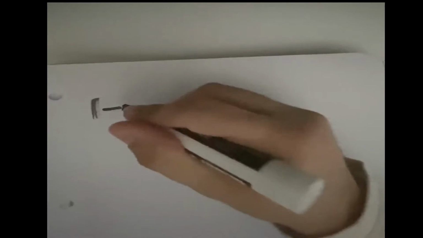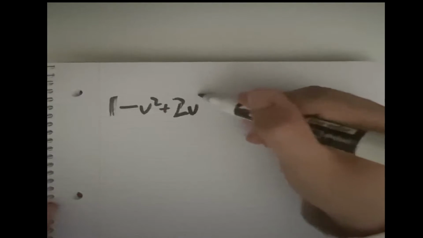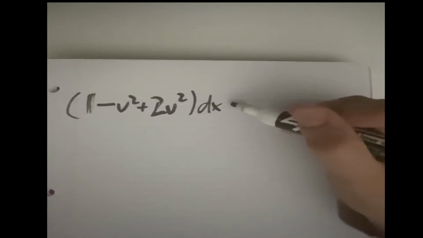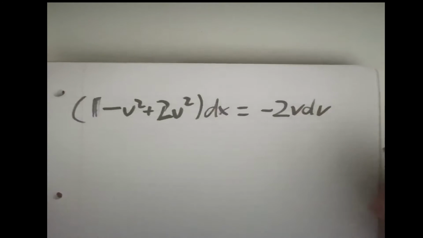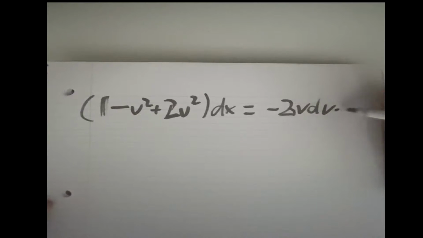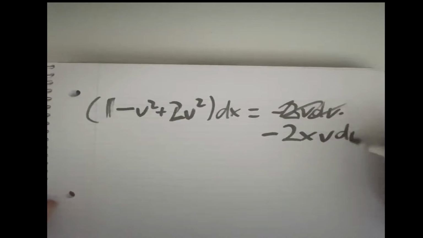So 1 minus v squared plus 2v squared, times dx, is equal to negative 2v dv times x. There's an x in here. Times negative 2x v dv.